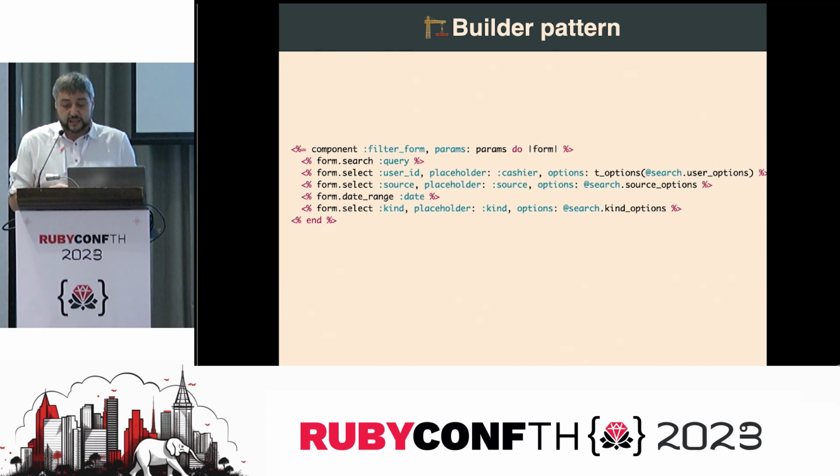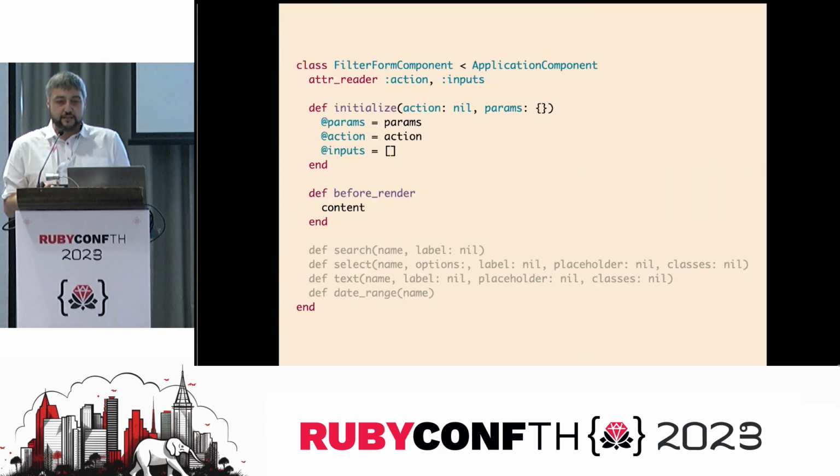And the code for that is not that complex. It's the same filter form component. It has an action, which is the URL, which by default is null if it goes to the same page. It gets the params of the page, so it can match data and values. And it has an array of inputs.